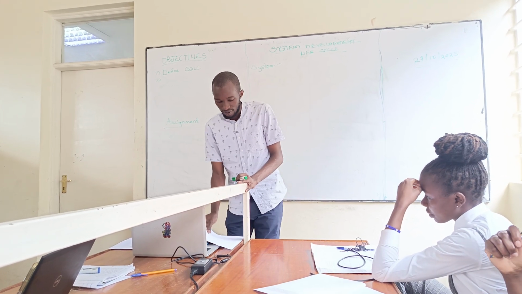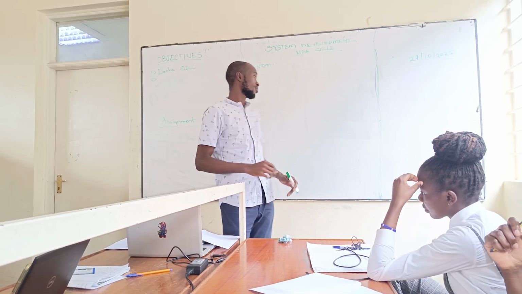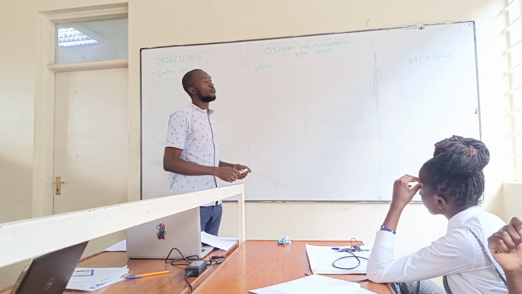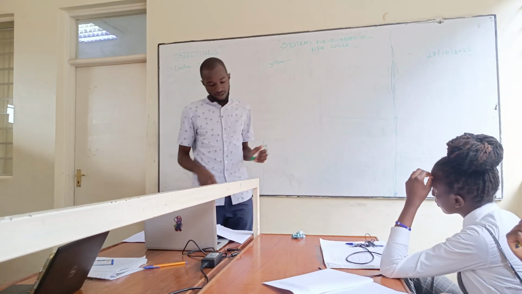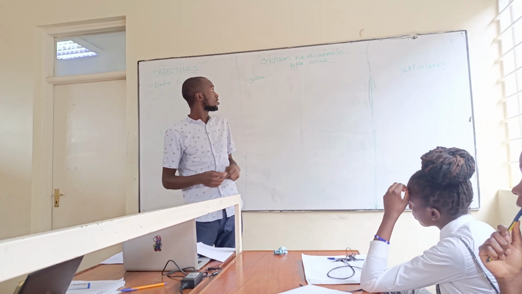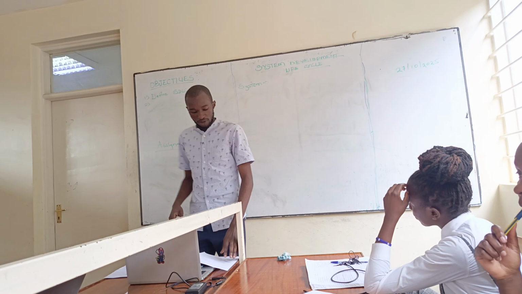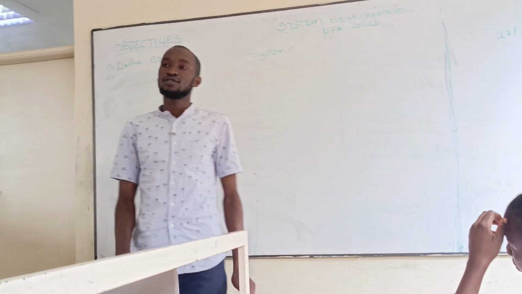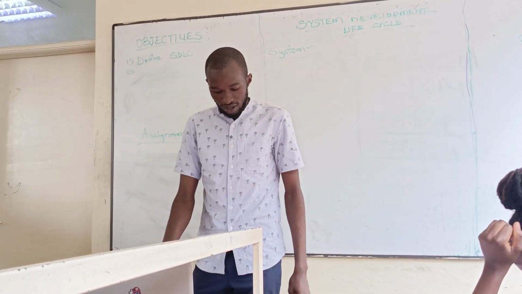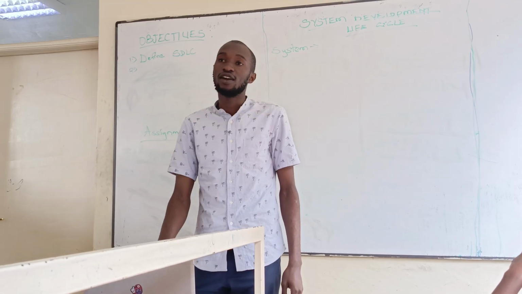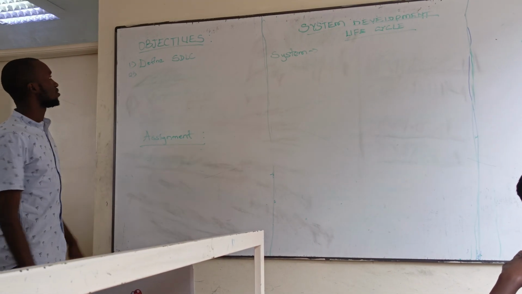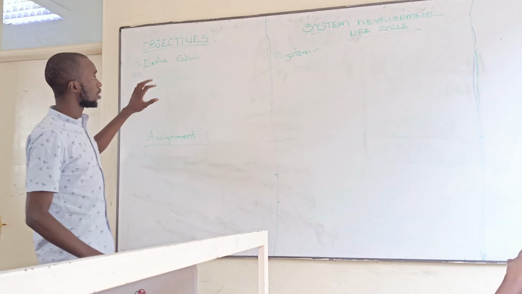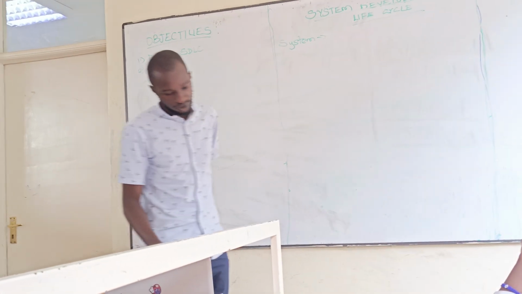Okay. Today we are going to handle the system development life cycle, and the main objective of this class is to be able to define what an SDL is, state the life cycle system development stages, and the main importance of an SDL in our life.